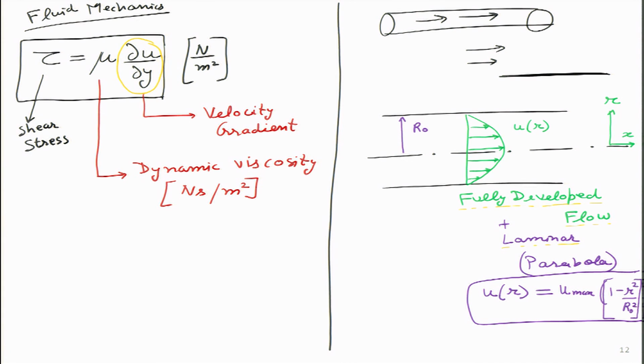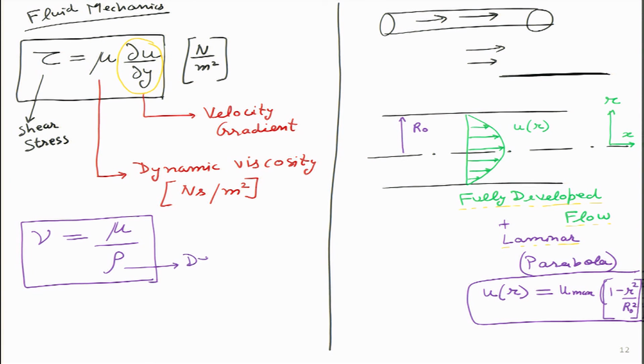And because I am making certain definitions, let me also define a parameter called nu, which is simply mu divided by rho, where rho is the density, and we usually give it in kgs per meter cube, and this nu over here is also a viscosity, but we call it the kinematic viscosity.